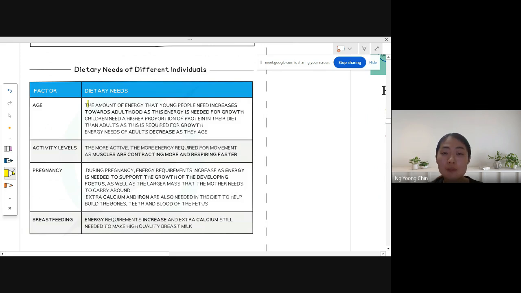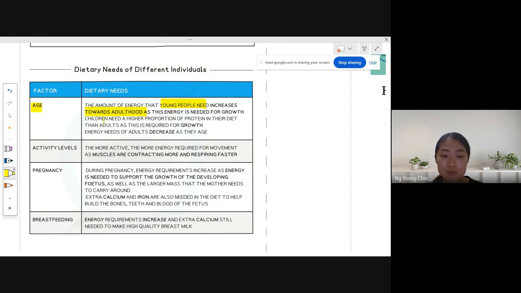So actually, our energy needs, our nutrition needs, are very much based on our life stage. Okay, when we talk about age, the amount of energy that young people need increases towards adulthood, as this energy is needed for growth.